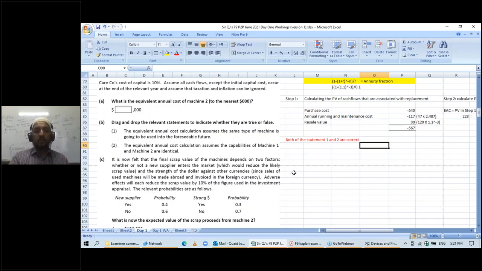Okay. So students, what the question says is that the business does not know whether a competitor will enter the market or not in the future, and the business also does not know about the strength of the dollar against other currencies, and due to this the final scrap value may fall. Each of these, the entry of a competitor and the strength of the dollar against other currencies, will reduce the scrap value by 10%.